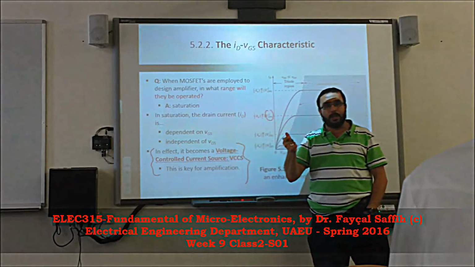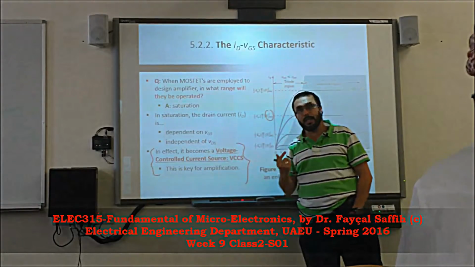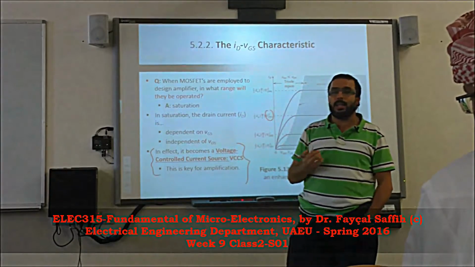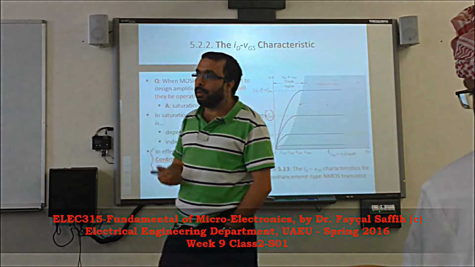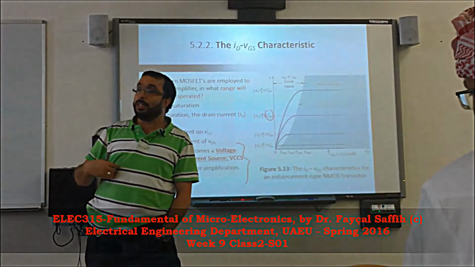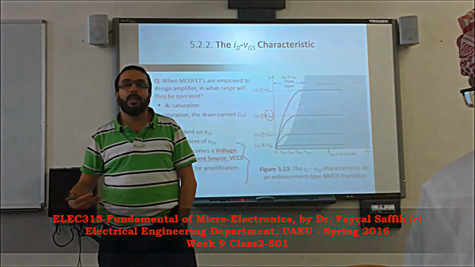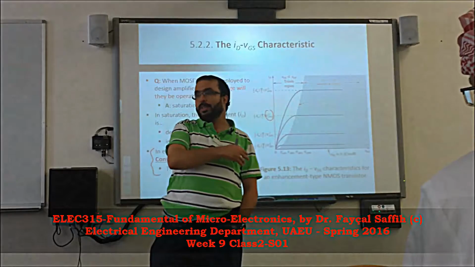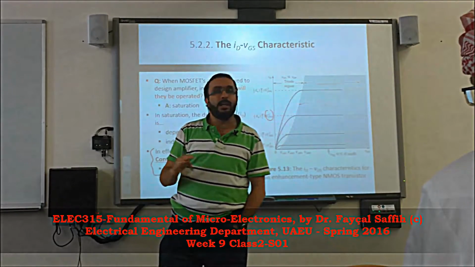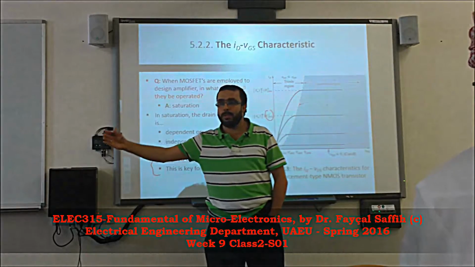If I'm in saturation and I increase the overdrive, I increase the current. So basically the transistor supplies me current, controlled by voltage. We can call it a current source because it supplies me current, but it's controlled by what? By a voltage. These kinds of devices are known as voltage controlled current sources.